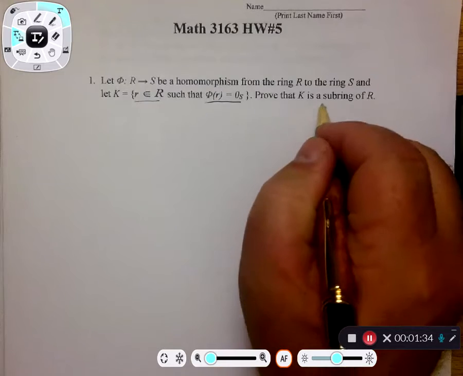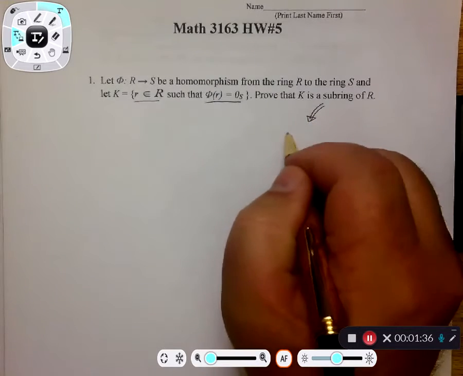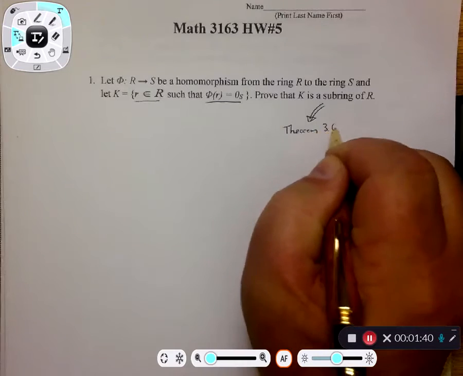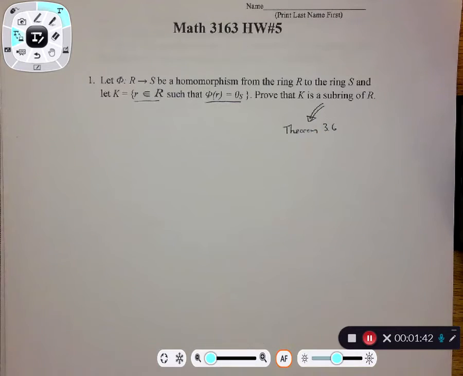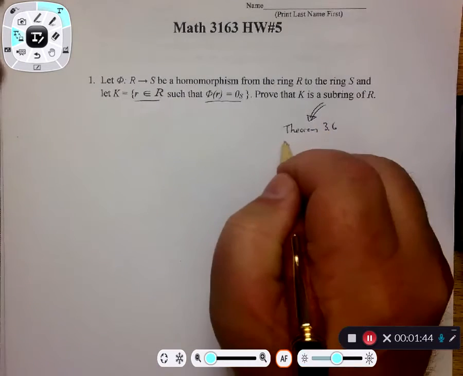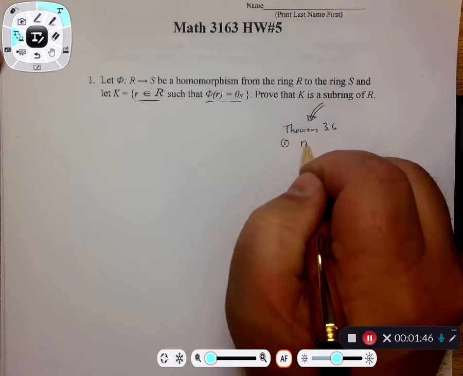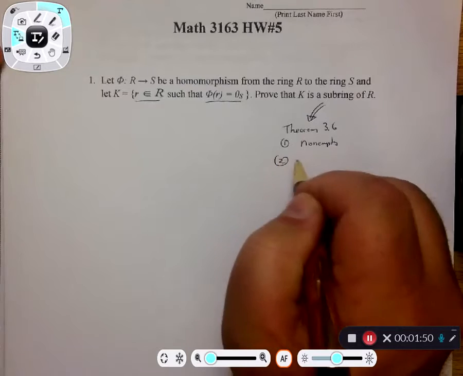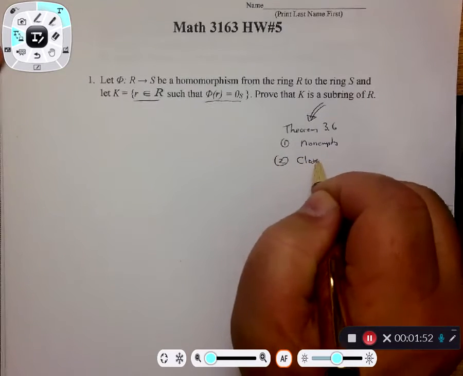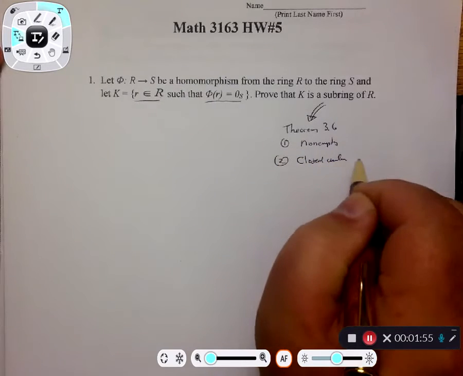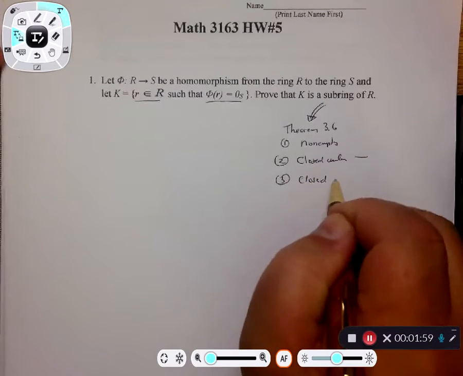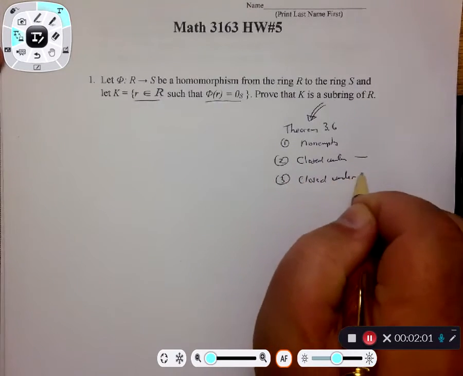Now, to prove you have a subring, we're going to quote the famous Theorem 3.6 that you have memorized. Theorem 3.6 says you've got to prove three things. One, you've got to prove it is non-empty. Two, you've got to prove it is closed under subtraction. And number three, you've got to prove it is closed under multiplication.